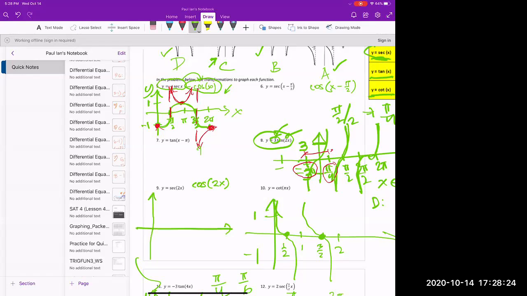And then let's go with, so the amplitude doesn't change for this one. It's going to be 2 pi divided by 2, so the period is pi. And then say pi over 2, pi, 3 pi over 2, 2 pi. So from here to here, and from here to here.